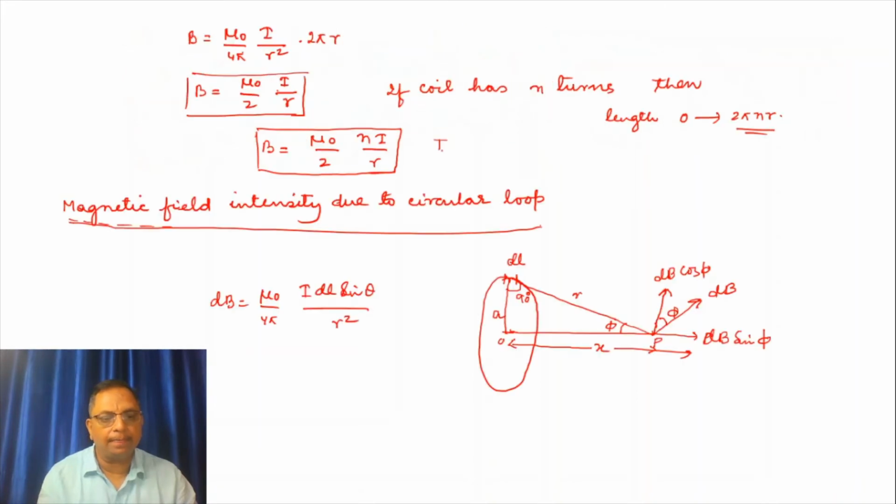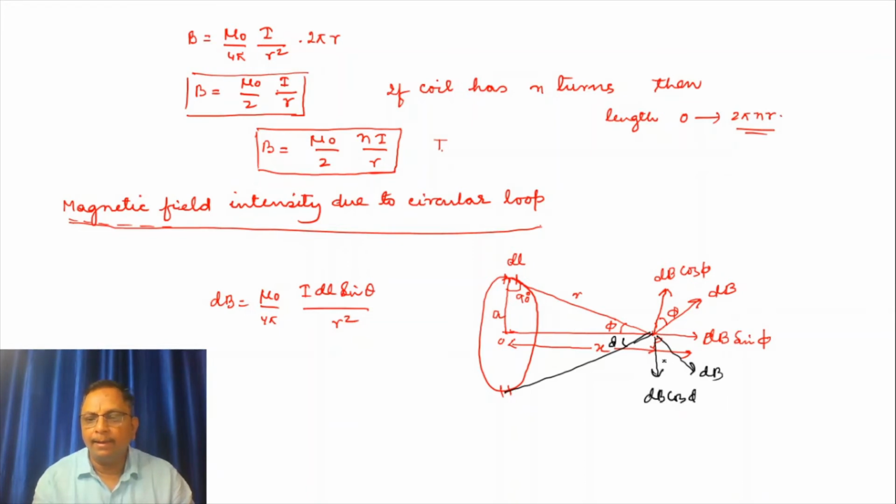Let's see. If we consider here, and we take a different color also. So you see, if this angle is also phi, the magnetic field here is dB, and one component we get will be dB cos phi, and here dB sin phi.